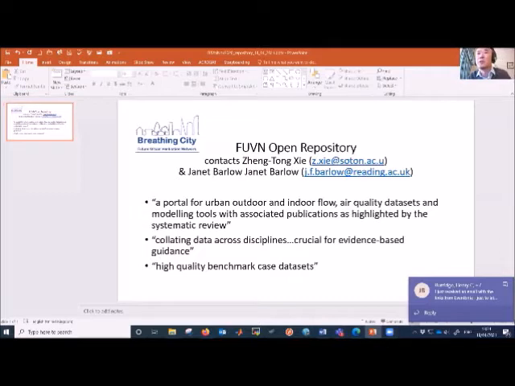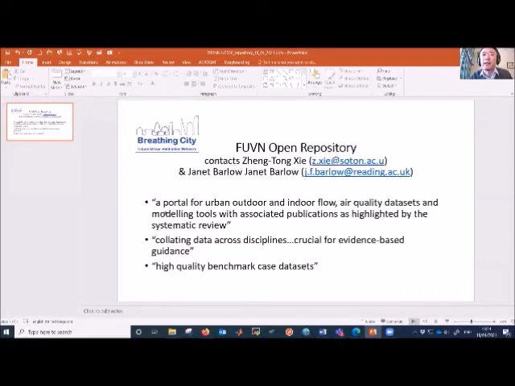Good afternoon. So this is an open repository. What we propose here, the first point, is a portal for urban outdoor and indoor air quality data sets and modeling tools, with associated publications and highlights from systematic reviews.